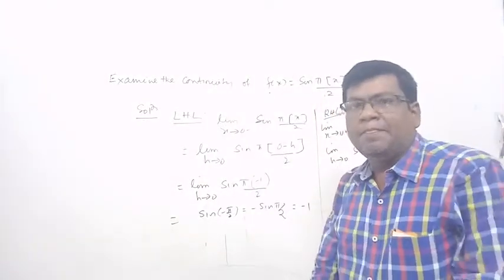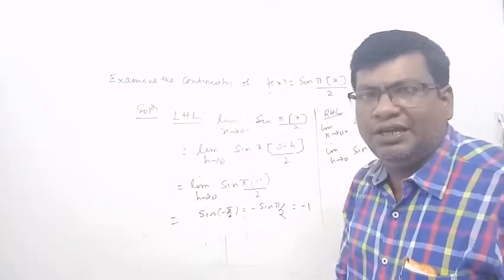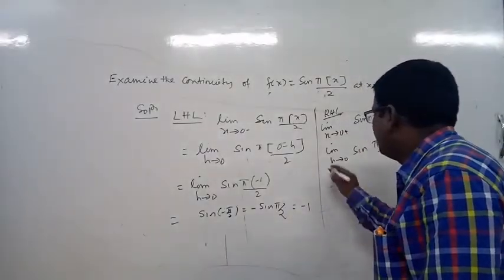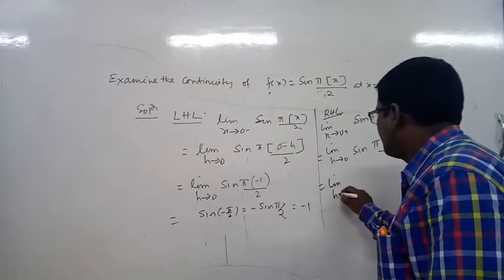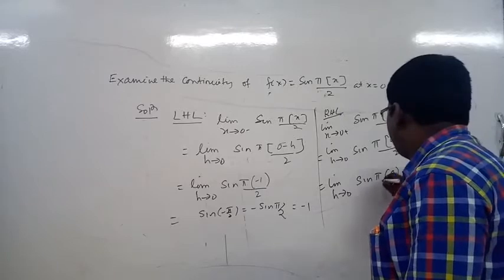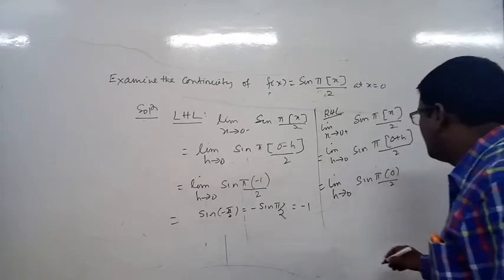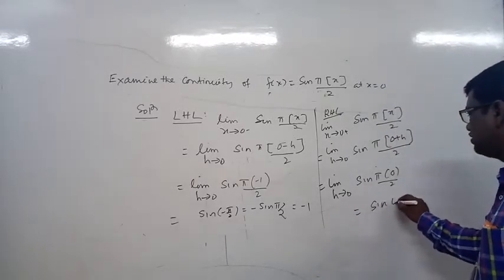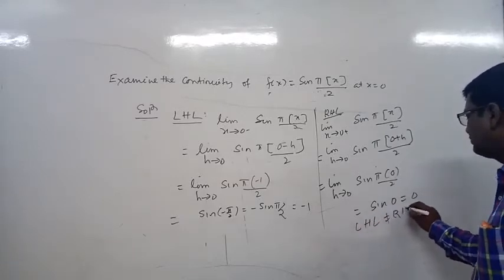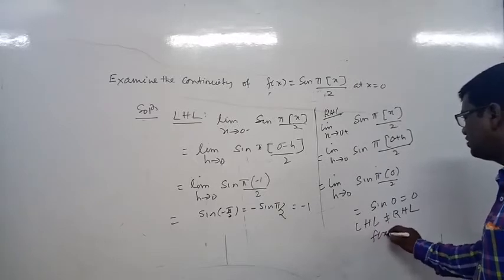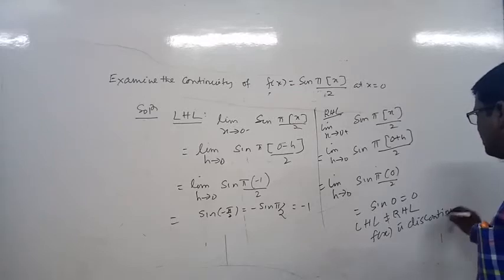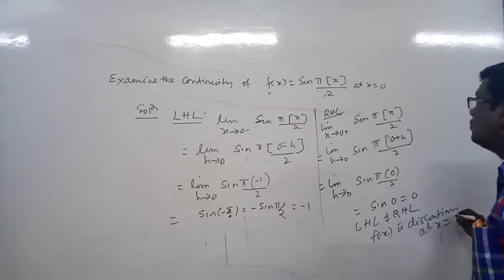So bracketed of 0 point something means 0. This is equal to limit h tends to 0 of sin pi into 0 by 2, and this is equal to sin 0. Sin 0 is equal to 0. LHL is not equal to RHL. So f of x is discontinuous at x is equal to 0.